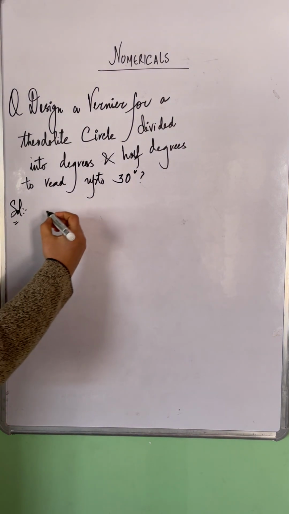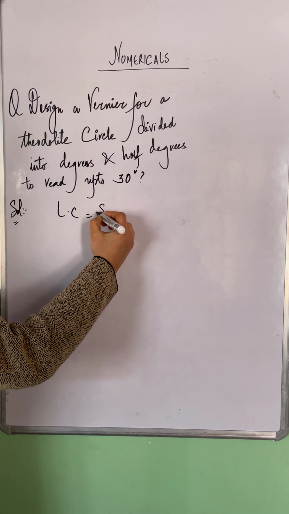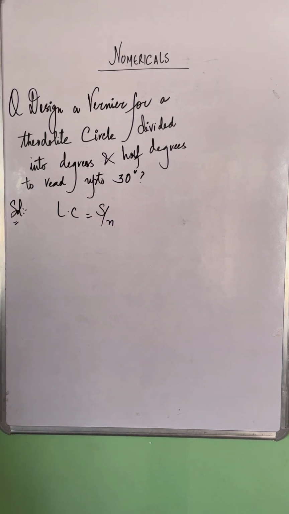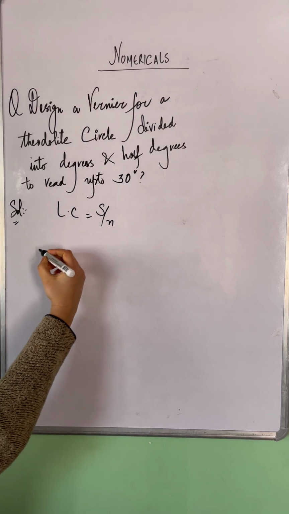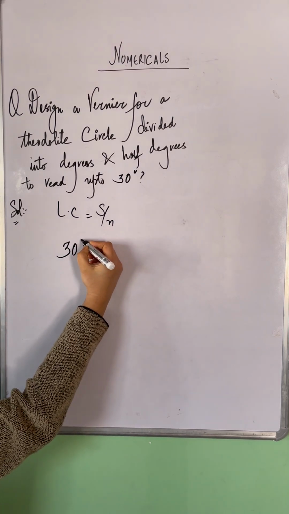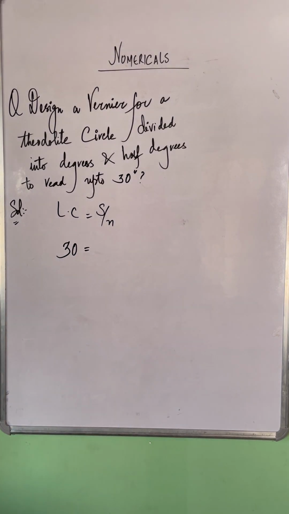We know that our least count is equal to S by N. They are desiring that the least count should be 30 seconds. What is my S? The circle is divided into degrees and half degrees.